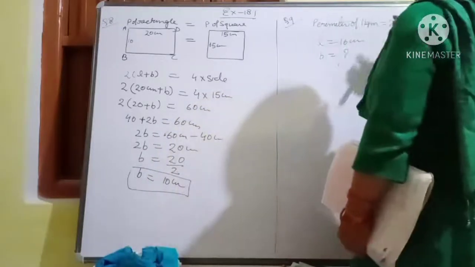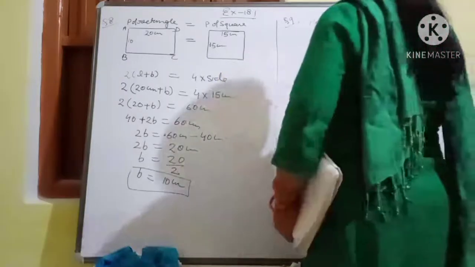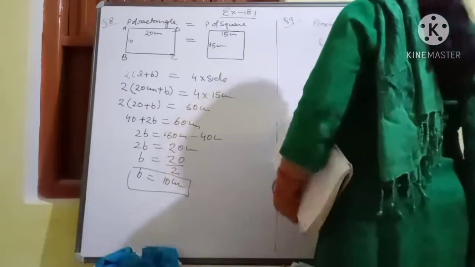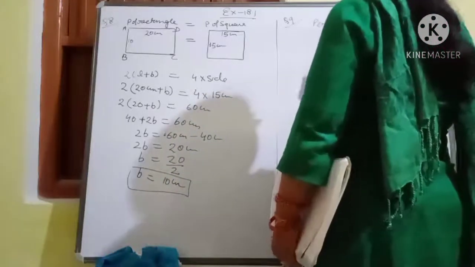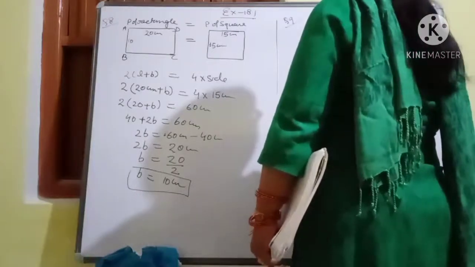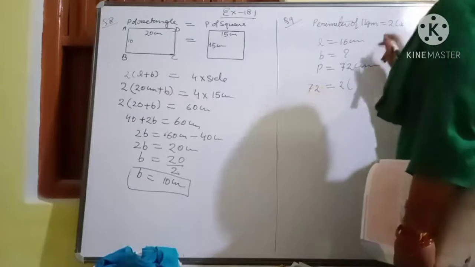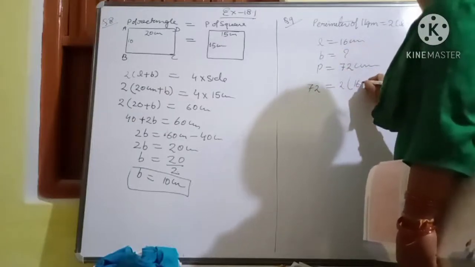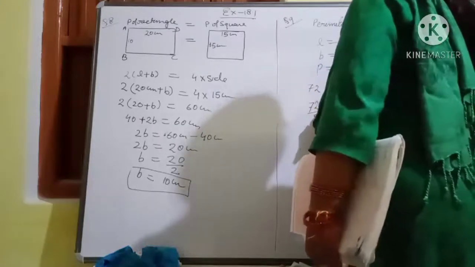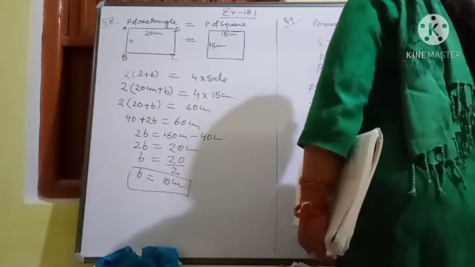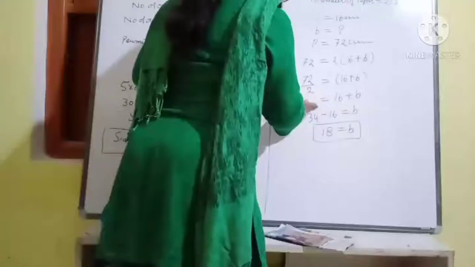So the perimeter is how much, beta? The perimeter is given, equal to 72 centimeter. Okay, see that now, perimeter 72 is equal to 2 into length, suppose 16 is given, a, plus breadth b. 72 divided by 2 is equal to 16 plus breadth, which will come equal to, beta, 36.